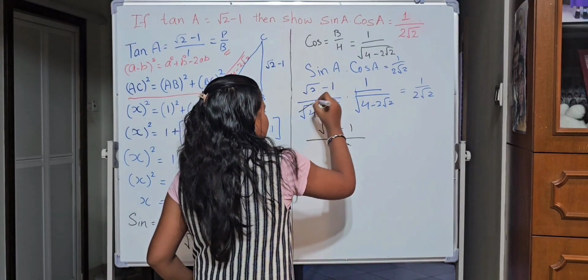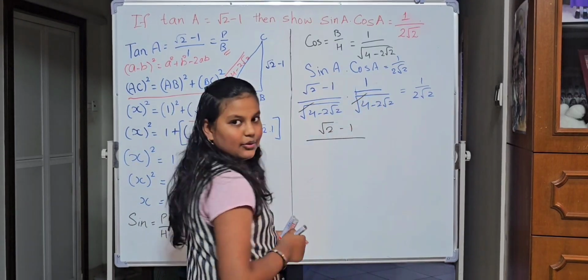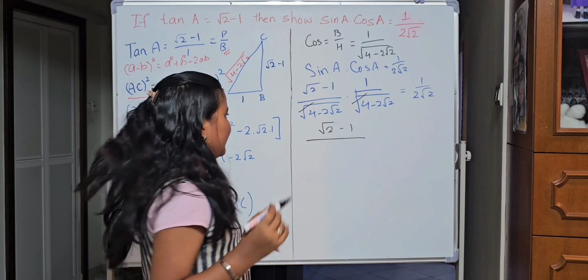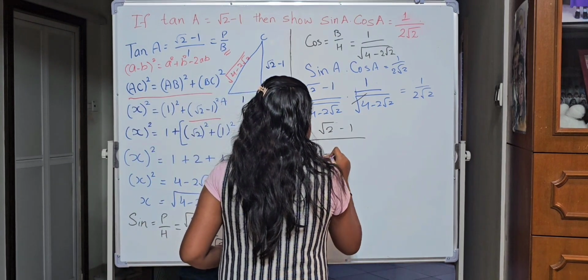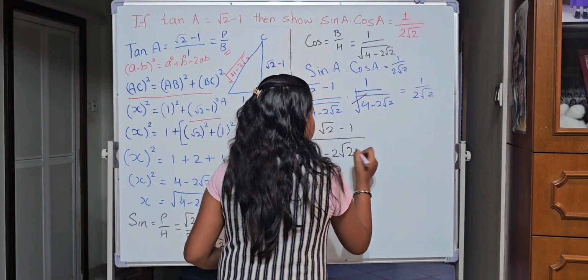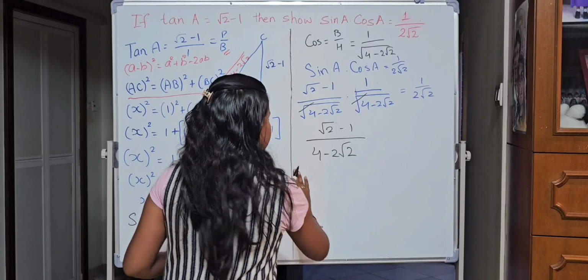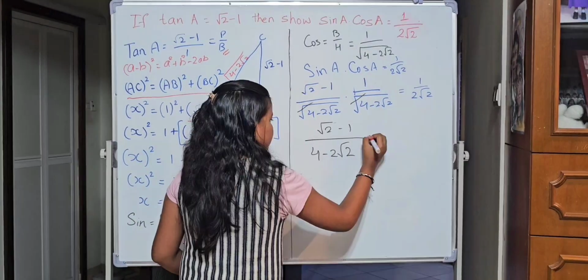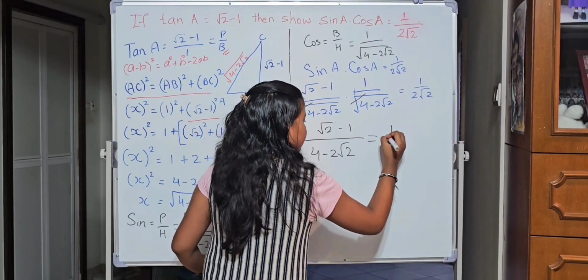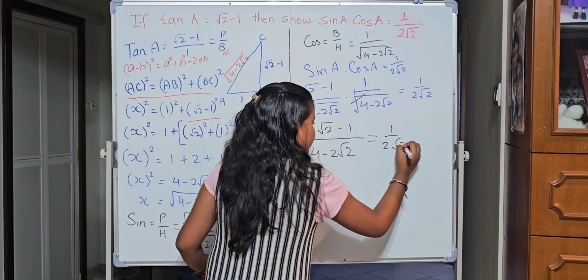So will the root and root get cut or no? It will get cut. This is a common error that people make. Make sure you don't be one of them. So this is what we are left with, equal to 1 by 2 root 2.